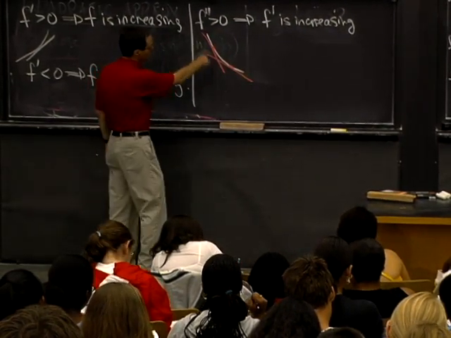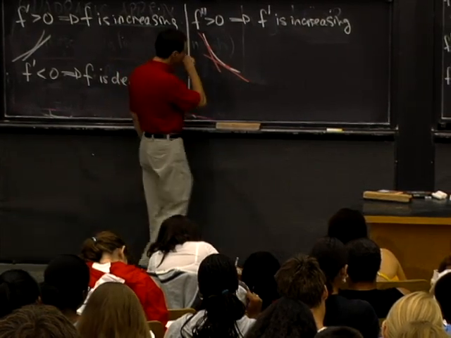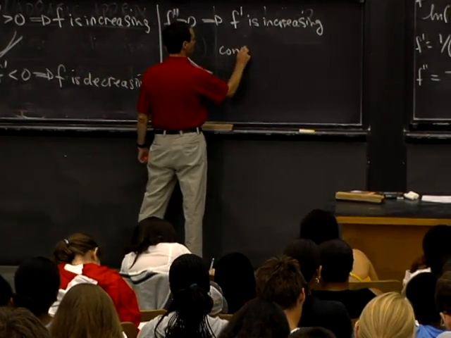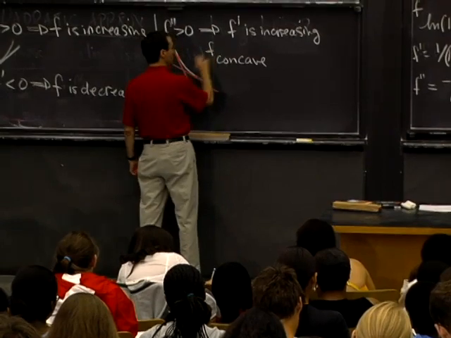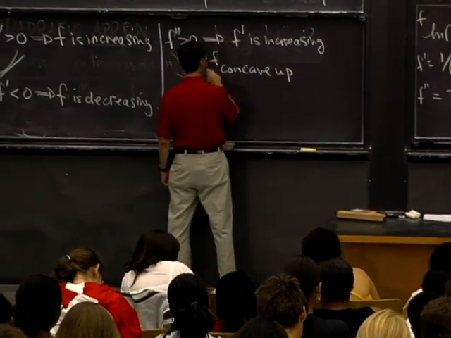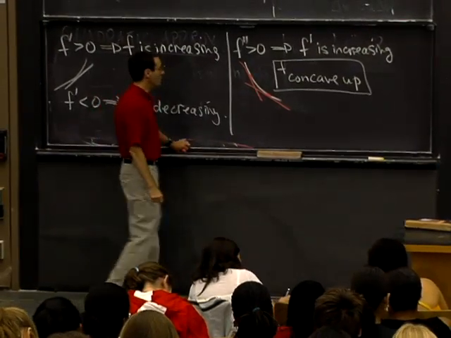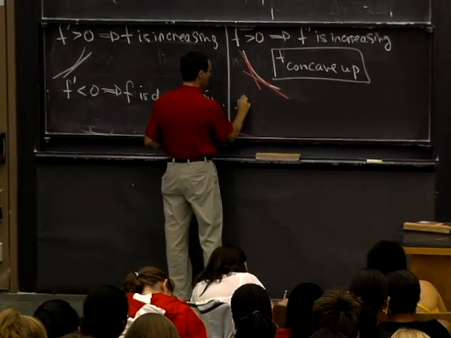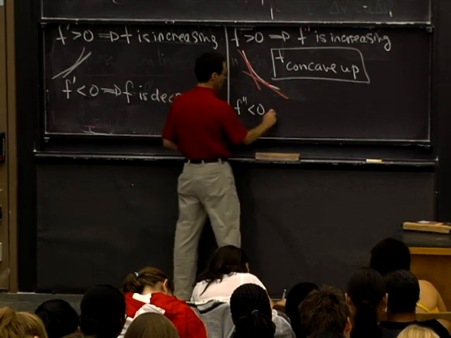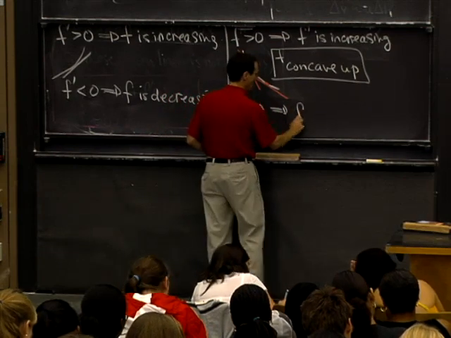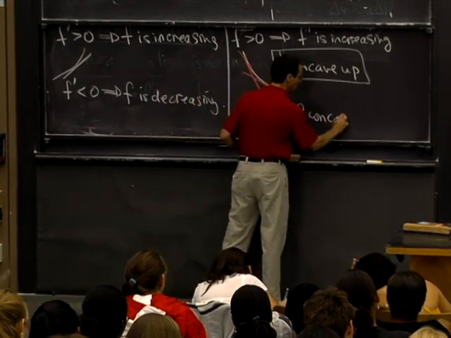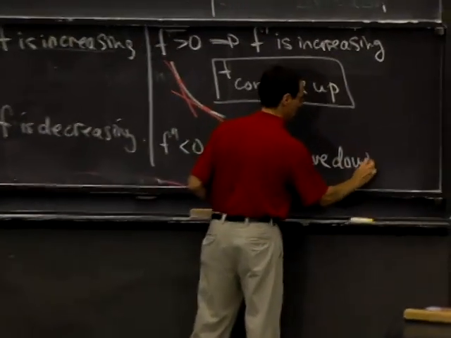And the way to describe a curve like this is that it's concave. So f is concave up. And similarly, f double prime negative implies f is concave down.